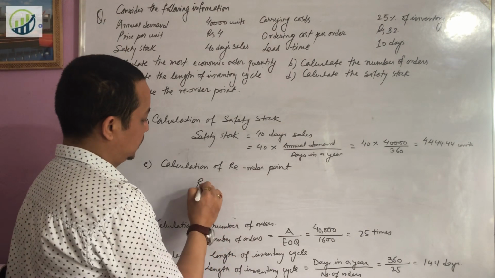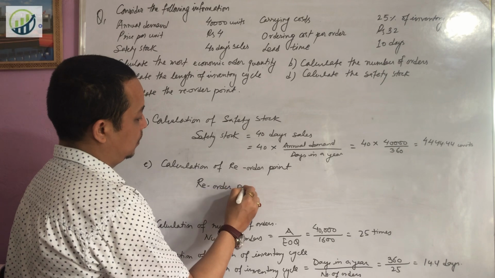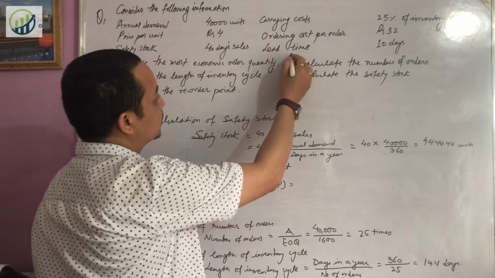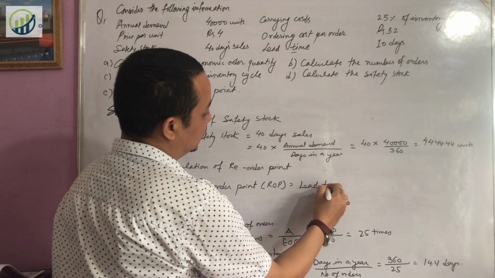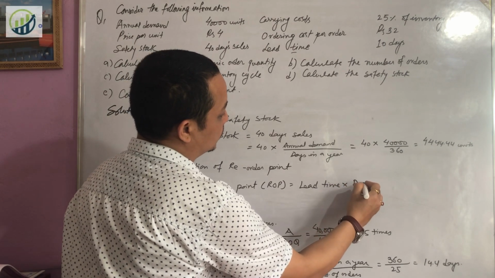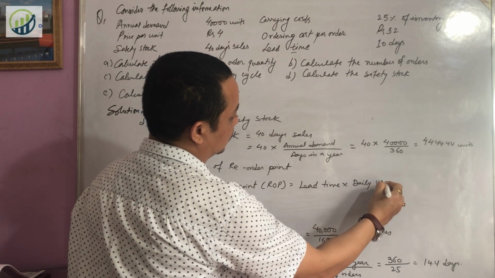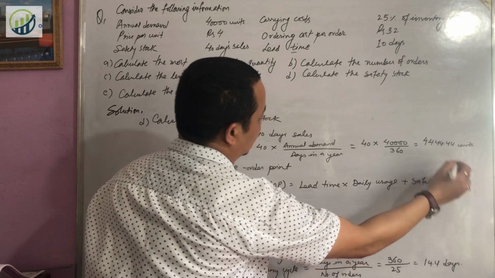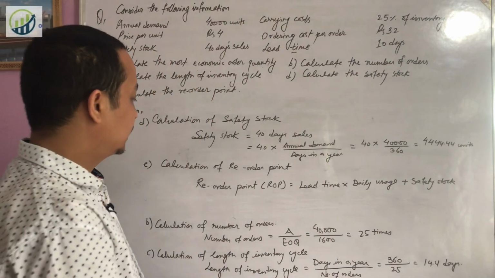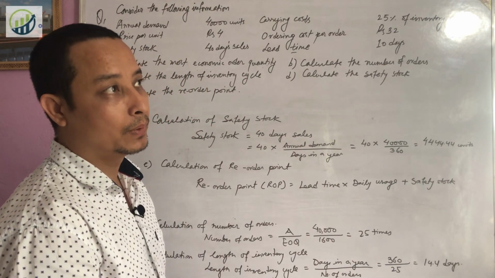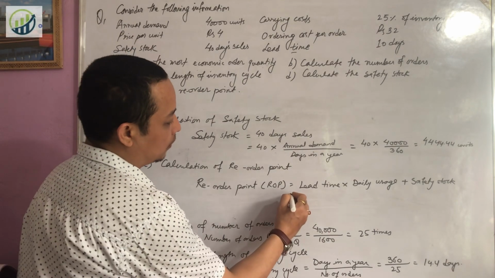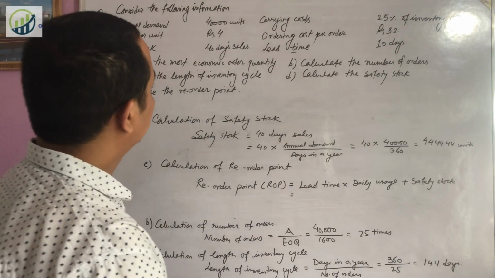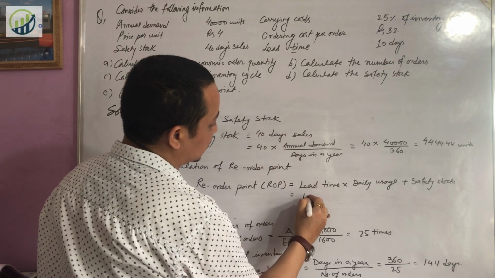So here reorder point, ROP, equals lead time into daily usage or usage rate plus safety stock. This is the formula for finding the reorder point. Reorder point is the level of inventory at which the business firm has to make an order for new stock. So here lead time is given here. Lead time is 10 days.